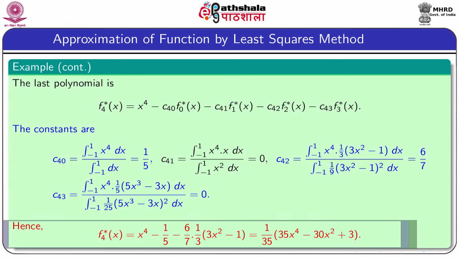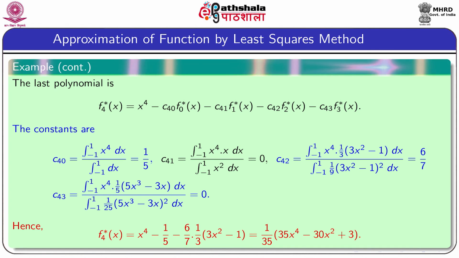Thus, finally, f4*(x) equal to x to the power 4 minus 1 by 5 minus 6 by 7 into 1/3 into (3x square minus 1). After simplification, f4*(x) becomes 1 by 35 into (35x to the power 4 minus 30x square plus 3).